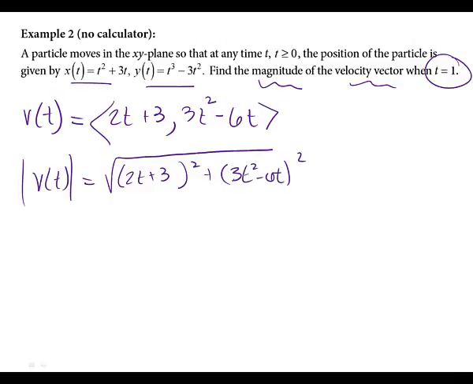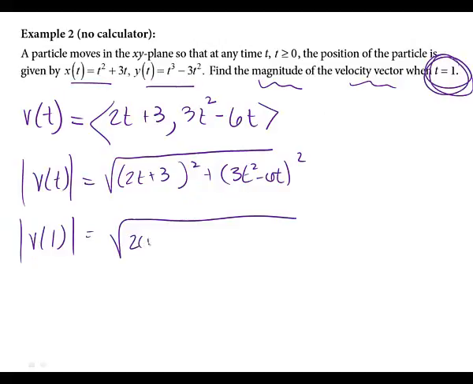So now, the good news is they gave us a value to plug in there, so I don't have to do anything with this other than plug in the number. So v of 1 equals the square root of 2 times 1 plus 3 squared plus 3 times 1 squared minus 6 times 1.